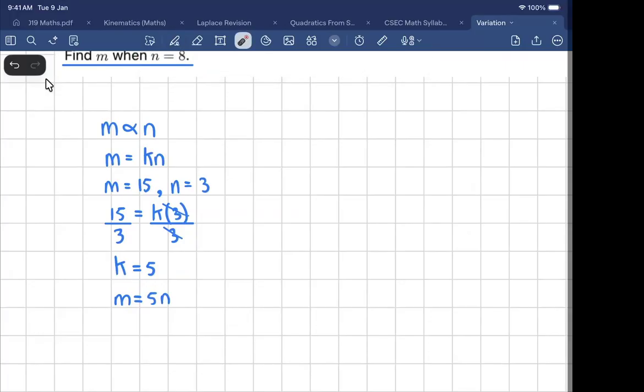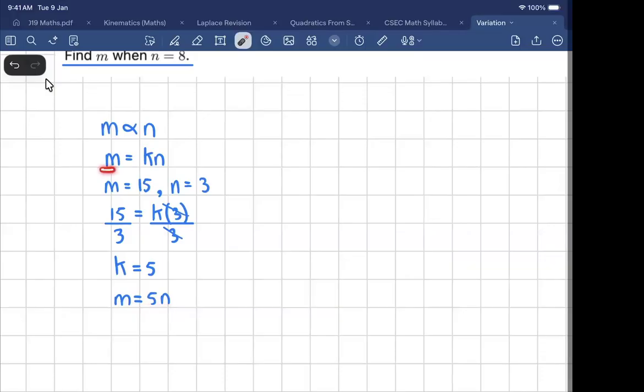M is just going to be what? What is m equal to? 5n. Right. So whatever n is, m is going to be 5 times that. So that's the exact relationship. You understand what I mean?